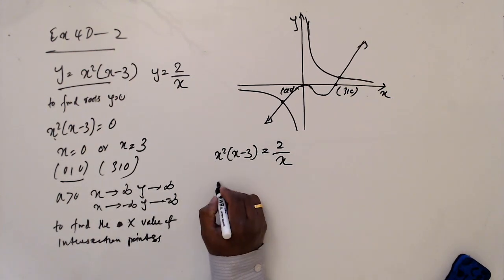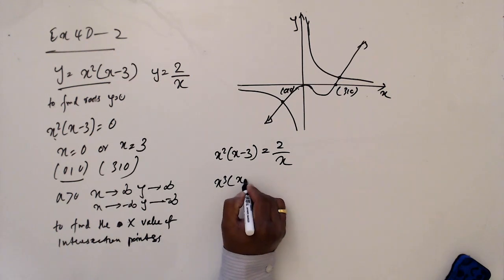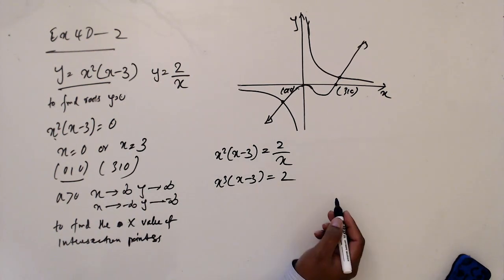Then this will become x cubed times (x minus 3) equals 2.